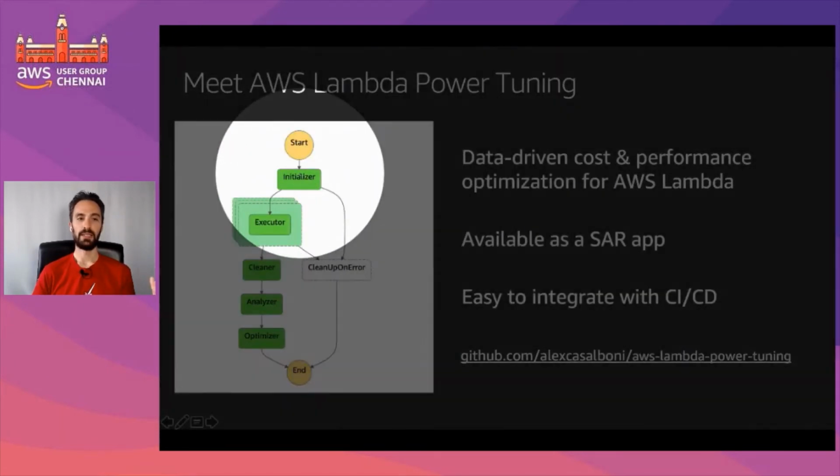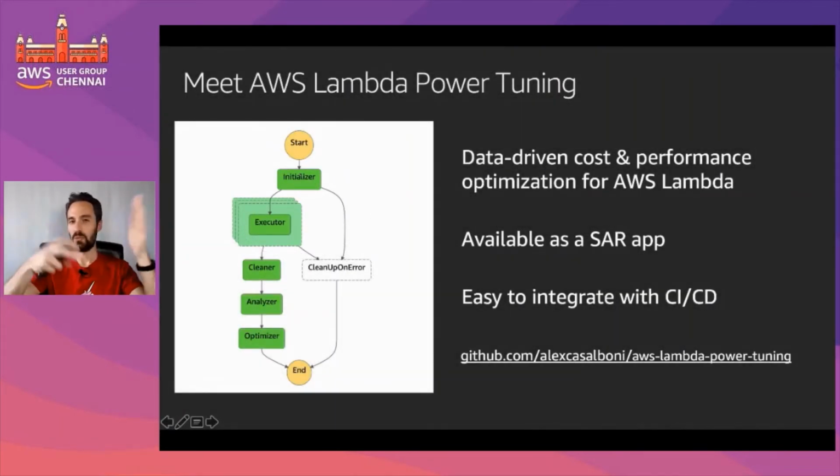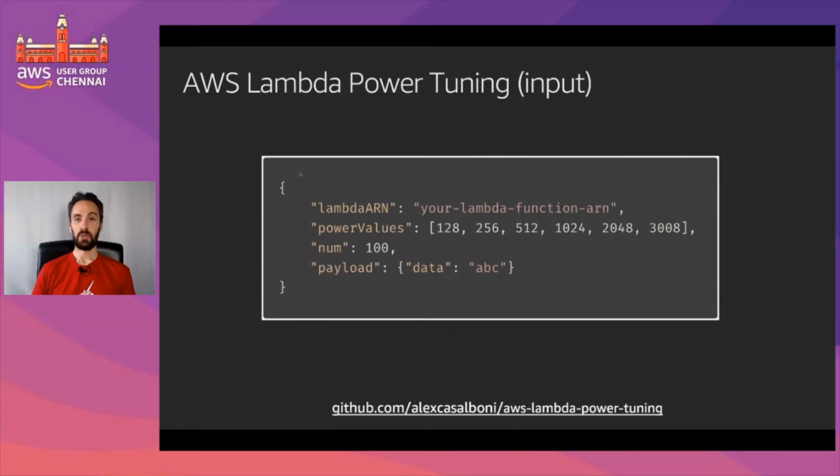So what happens is exactly that. You provide some input. The state machine will do a lot of things, will create versions, aliases, run your functions in parallel or in series, up to you, and then clean everything up, analyze the logs, and give you the optimal memory configuration, power configuration. So this is what you can provide in input. There are many other parameters, and they are all documented, but this is the bare minimum.